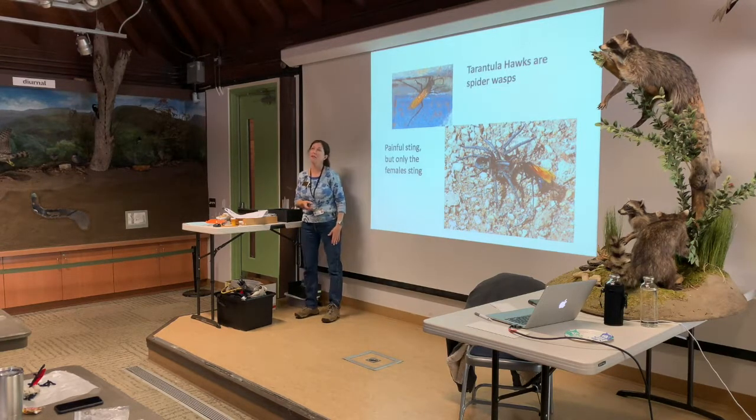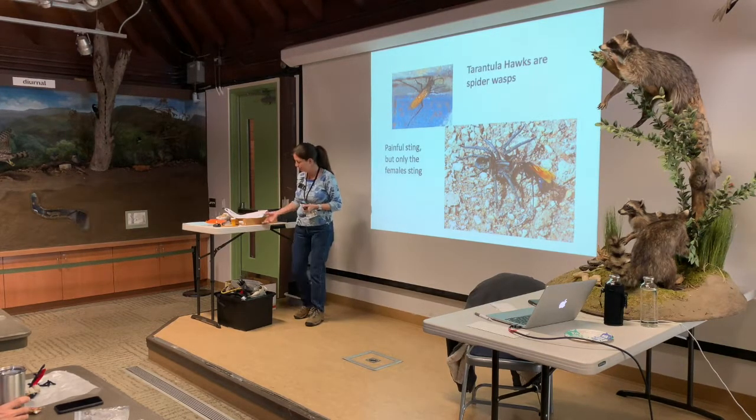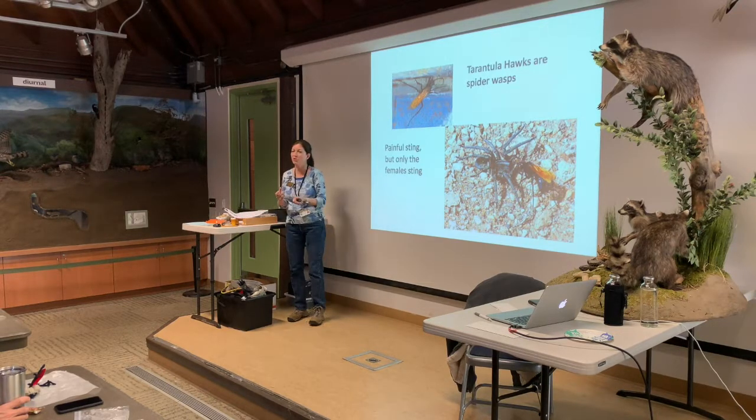Is there anything that you use for pain? I'm not even sure. Ant stings would be formic acid, so hypothetically you could try some baking soda, but as far as a tarantula hawk or something like that, they do make a kit, and I actually worked for the research lab that did the studies on it. It's called the extractor. It's like a little suction cup.